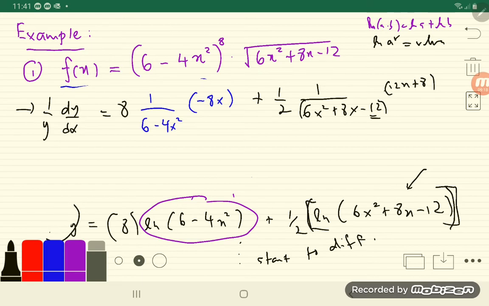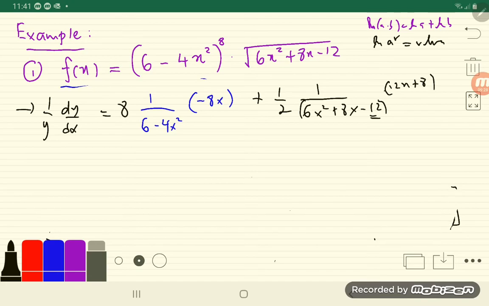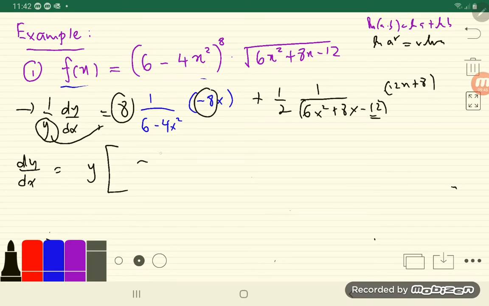Okay, so let me erase this part because I need a bit more space to conclude my calculation here. Then try to simplify and bring the value of y to the other side, because our objective is to find dy/dx. So dy/dx equals y multiplied by, so 8 times 8 here, you are going to get negative 64x over (6 minus 4x squared).